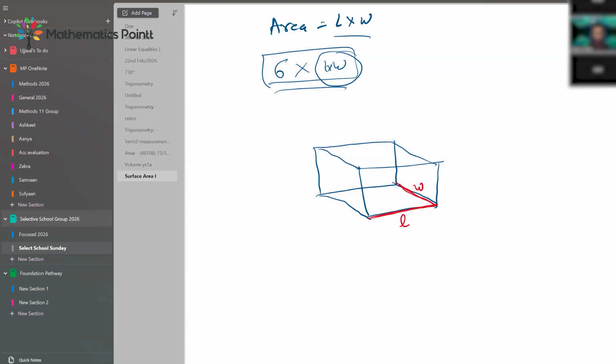So now I have two rectangles bang opposite to each other with the same dimensions, length and width. So the areas of these two rectangles can be added together. Let's do it. Length times width plus length times width. Awesome. We've added the areas of two faces marked in red.